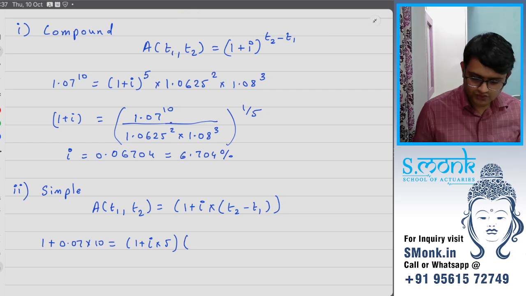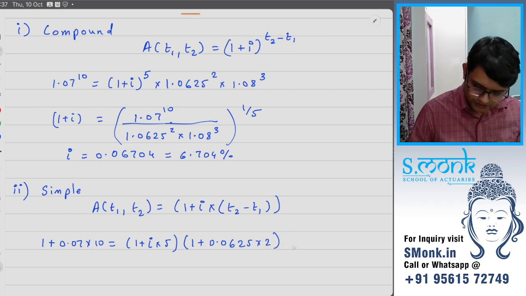Then, accumulation factors will always get multiplied. Remember that. 1 plus 0.0625 times 2 years, 1 plus 0.08 times 3.